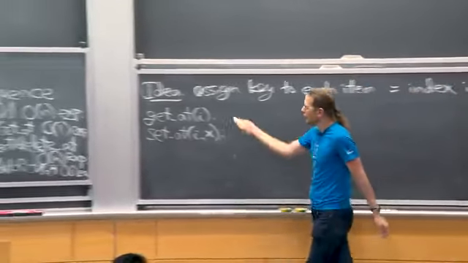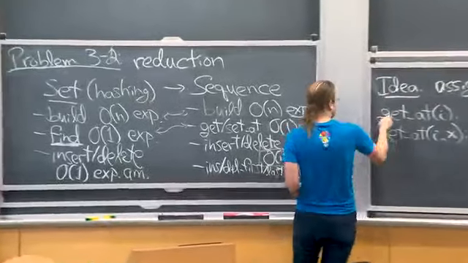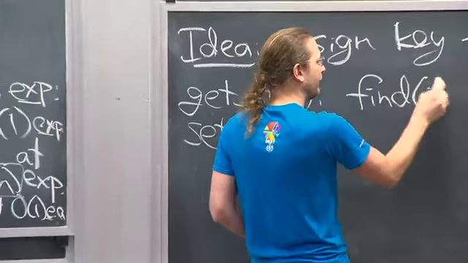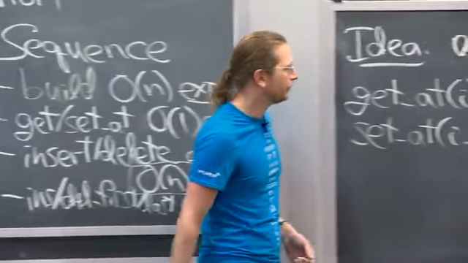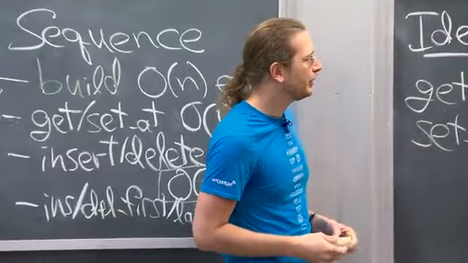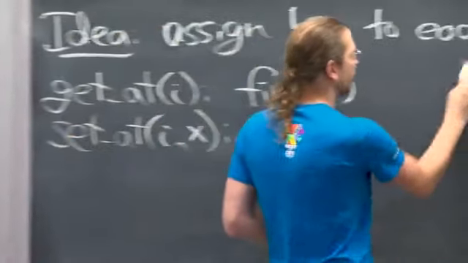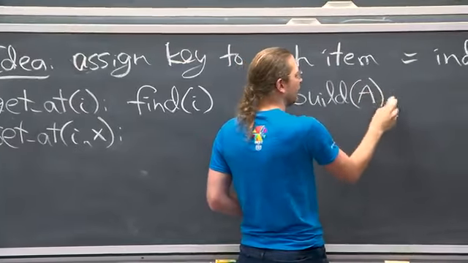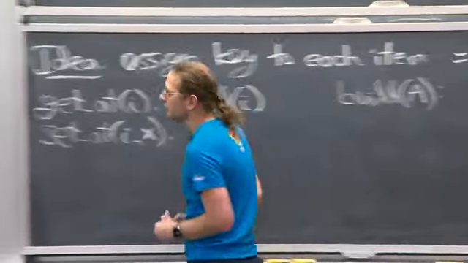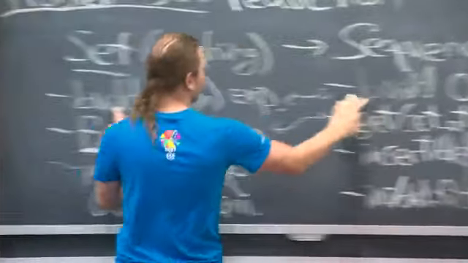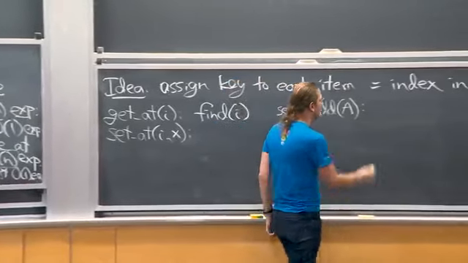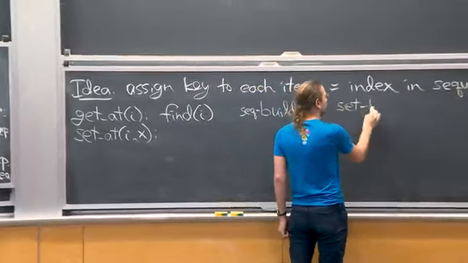Then to implement get_at, I can just call find(i), if i is also a key, and that should give me the thing that I want. Maybe for this to make sense, let me tell you how I'm building. If I'm given, say, an array A of items, the only name conflict here is build, so let me call this one sequence build, and I'm going to implement it using set build.